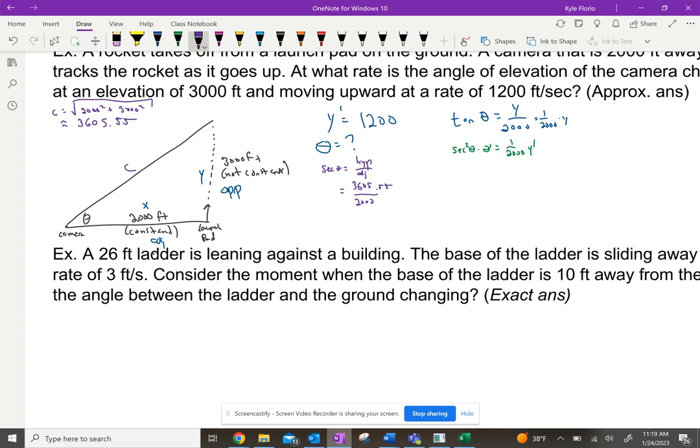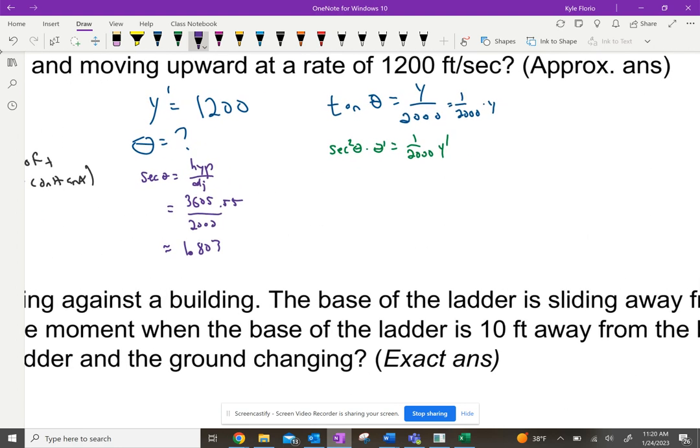If we divide that, you get about 1.803. I'm not even going to leave it as a fraction, I'm going to leave it as a decimal. So now I can do this piece here. Secant squared theta is 1.803 squared times theta prime equals 1 over 2,000 times y prime, and y prime we know is 1,200.